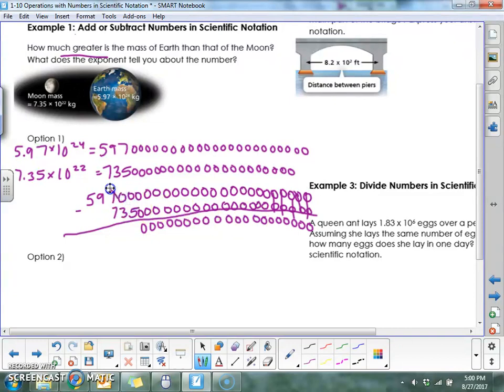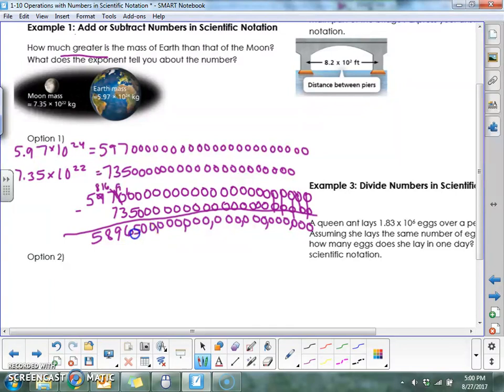Here we're going to have to borrow, so I can subtract, and I end up with a very large number, 5, 8, 9, and then let's put some commas in here.